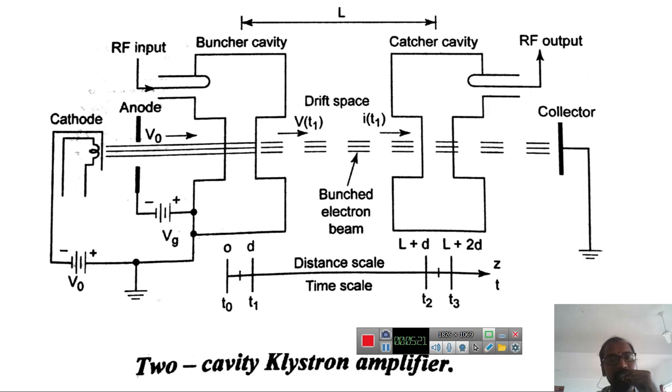When the negative half cycle, the velocity will be decreased. When it is zero biasing, there is no change in the velocity. Due to these actions, the electron bunches are created. These electron bunches are obtained as an amplified output at the catcher cavity. This is the basic principle of the two cavity klystron amplifier. Thank you.